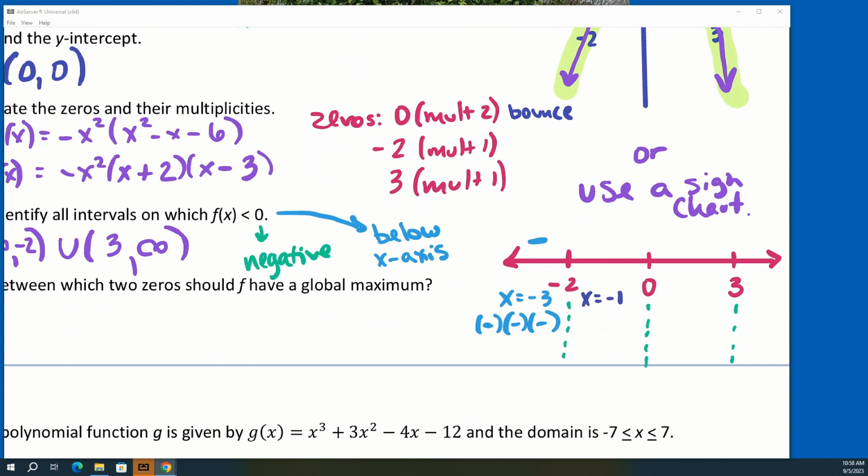So we would put in negative 1. So I'm going to put in negative 1 here, square it, and then multiply by a negative. What's that going to be? Negative. Every time I put something here, it's going to give me a negative because when you square something, it's positive and then multiply that by a negative. So in this problem, that first factor is going to be negative every time.